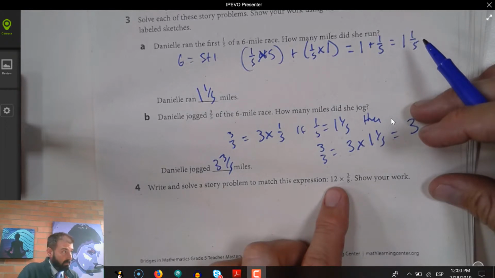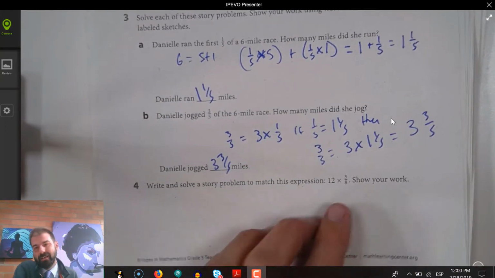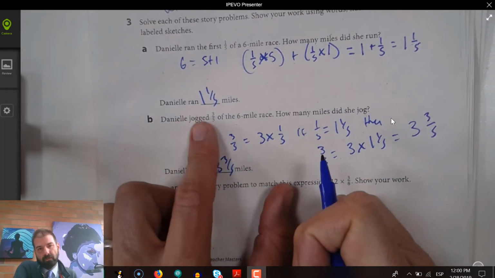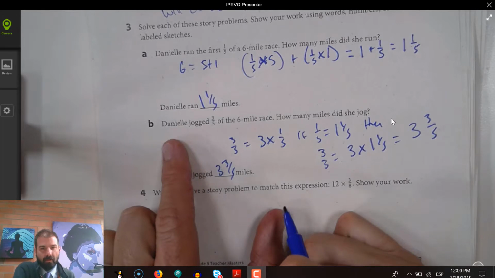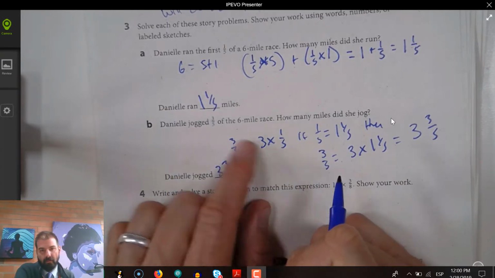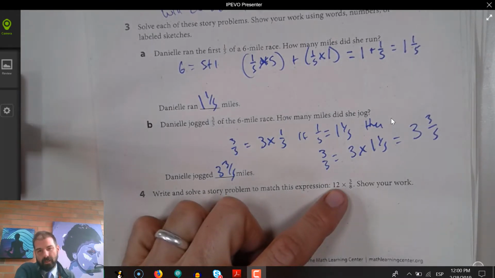I was trying to think if I needed to keep it in order. Because for me, 3/5 of 6 miles, that's 3/5 times 6. So I was just going to rob that one and say Danielle jogged 3/8 of the 12-mile race. But I think we need to keep it in order.